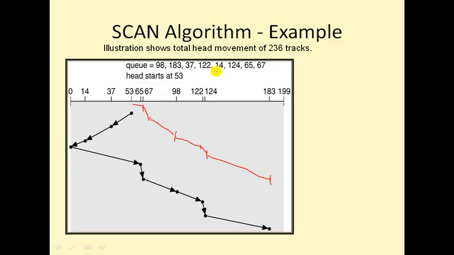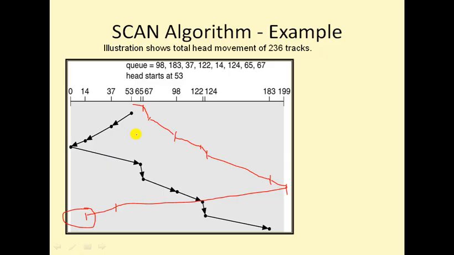From 183 there is no track number available in the queue, but it still goes to the 199 position. Then from 199 it comes back to 37, and from 37 to 14. So it stops here only. It cannot go to the end position. Here it touches the end track. In this way the SCAN algorithm moves by taking one end.